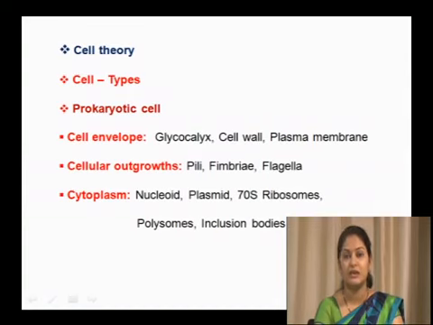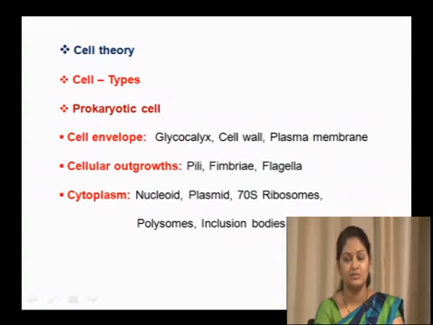Pilin is encoded by the genes present on the plasmid DNA, whereas fimbriae is made up of a protein called fimbrilin, and their genes are present on the DNA of nucleoid. And third comes the flagella. Flagella are the motile structures, or the structures helping in motility, and they are quite longer or larger structures when compared to pili and fimbriae.